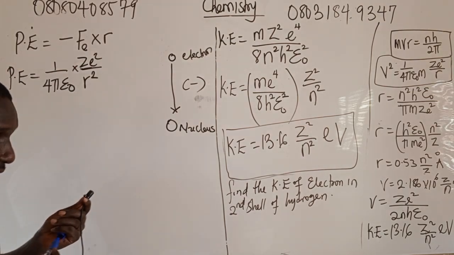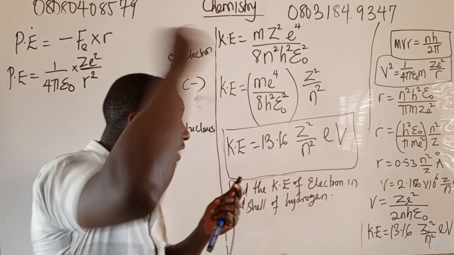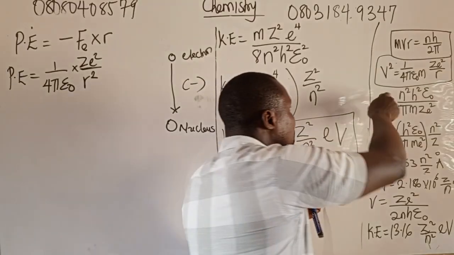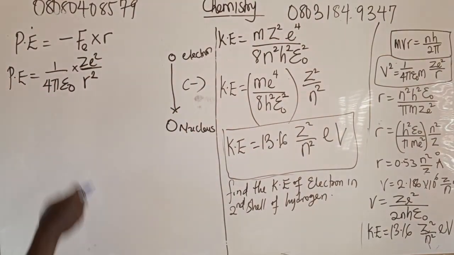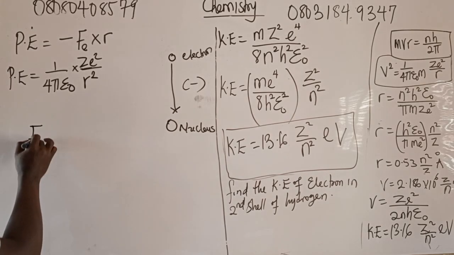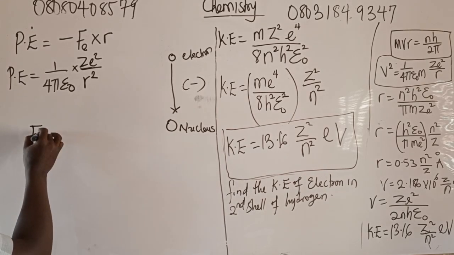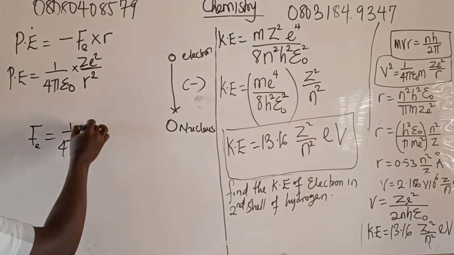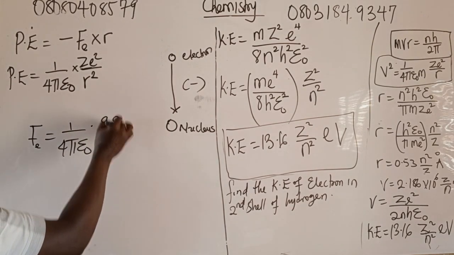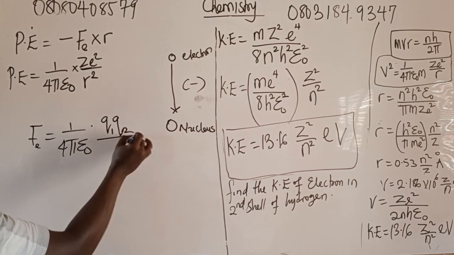I gave you this, Z square, if you can remember, that is still there. This one is velocity. From here, electrostatic force is 1 over 4 pi epsilon naught times Q1 Q2 over r square.